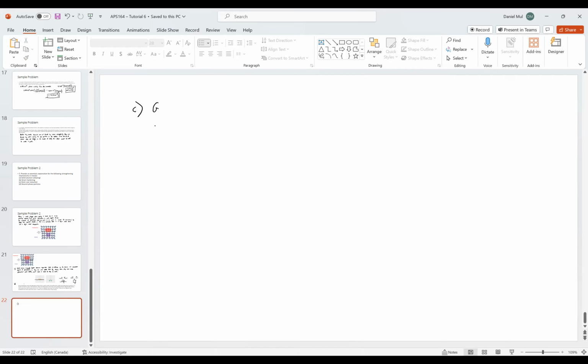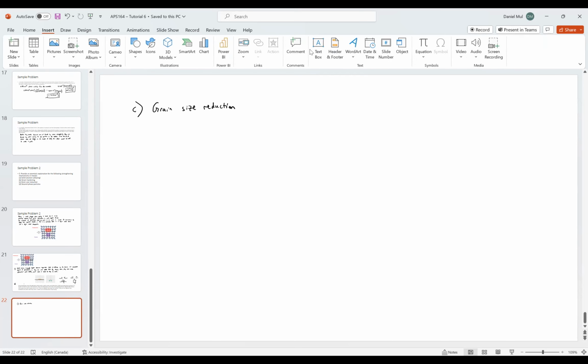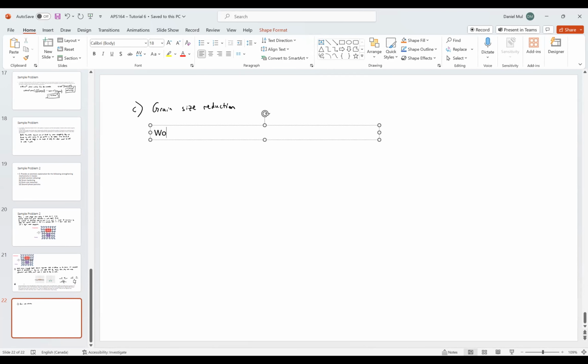So C was grain size reduction. And this works by increasing the amount of grain boundaries in the material.